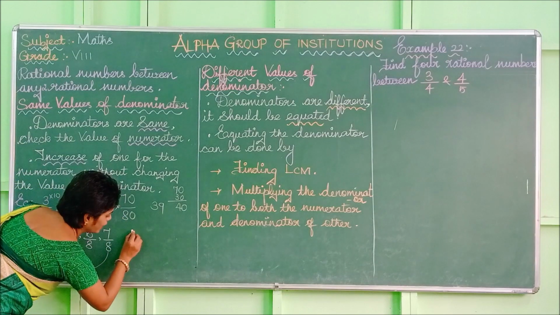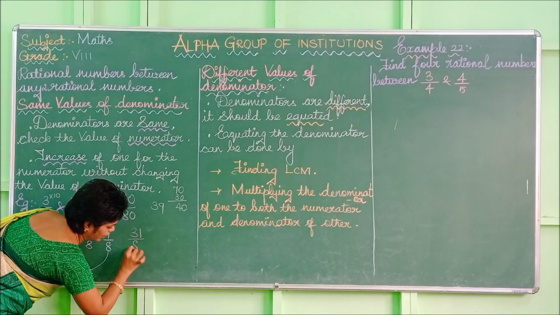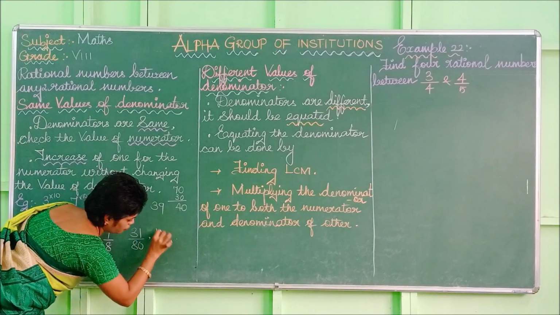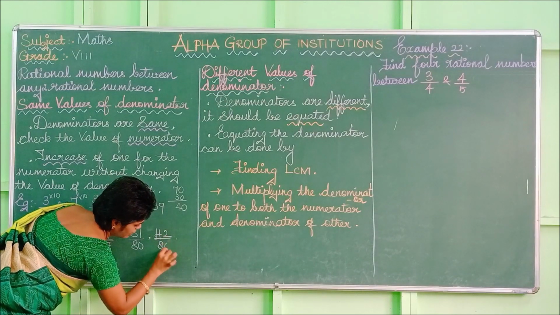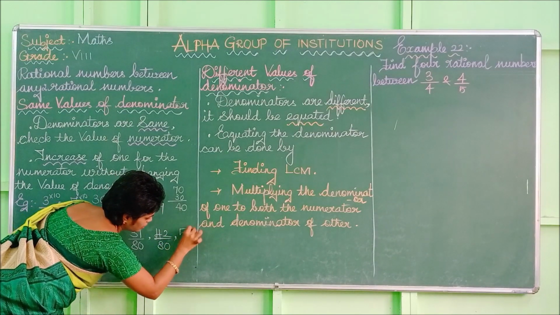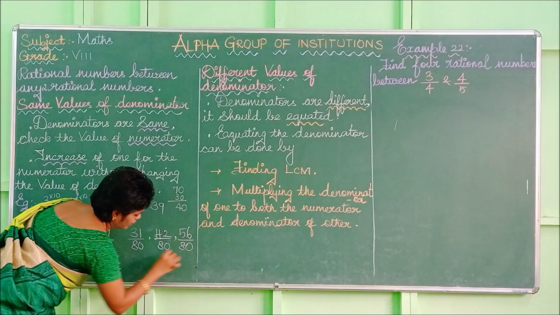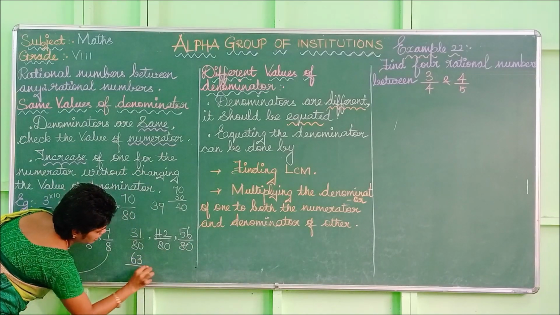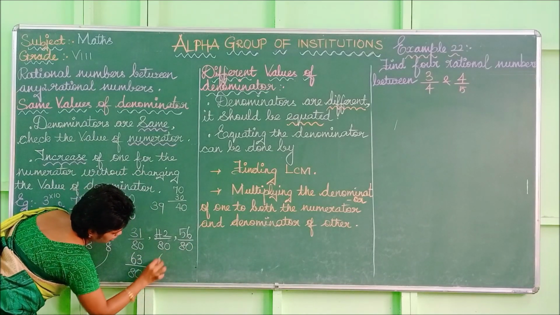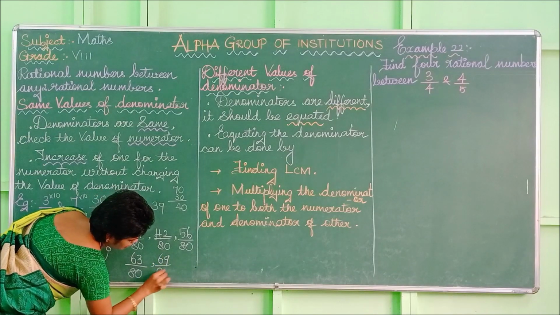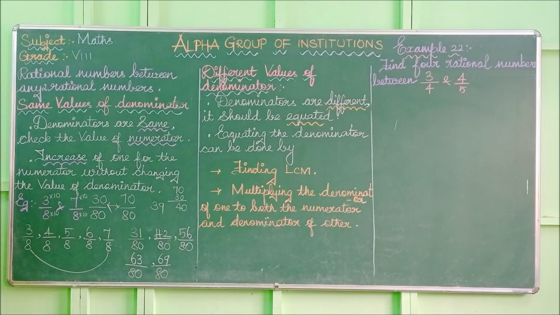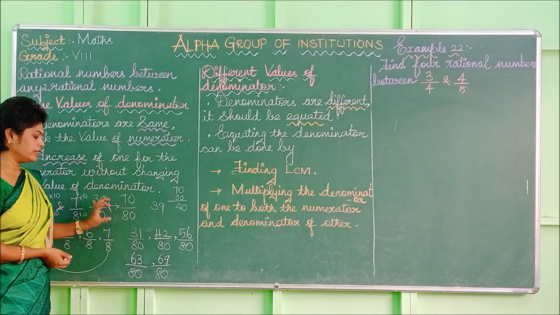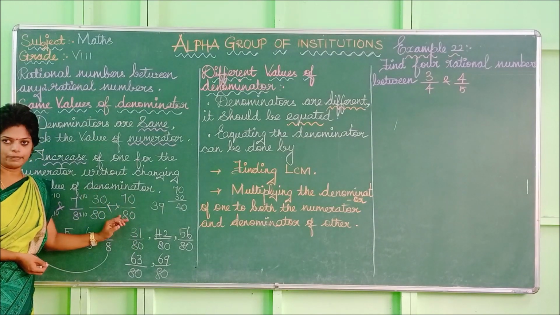For example, we can write 31 by 80, 42 by 80, 56 by 80, 63 by 80, 69 by 80. Any number you can take, but it must lie between 30 by 80 and 70 by 80.